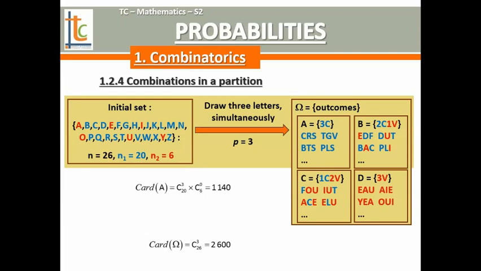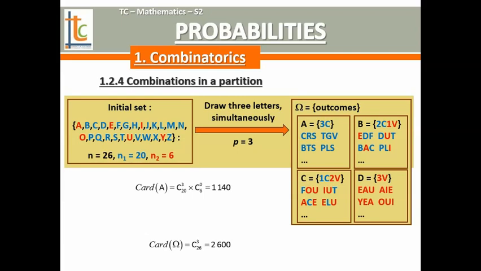You were not obliged to multiply by C6,0, because choosing nothing is like doing nothing, and you're just multiplying your first result by 1. So C20,3 itself equals 1140.